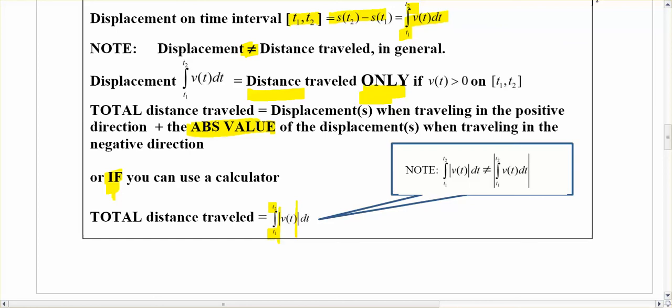And to finish up, just one quick note. If you take the definite integral of the absolute value of the velocity function, you may not get exactly the same answer as if you take the definite integral first and then the absolute values. So you need to be a little careful about how you write that. And this is it.